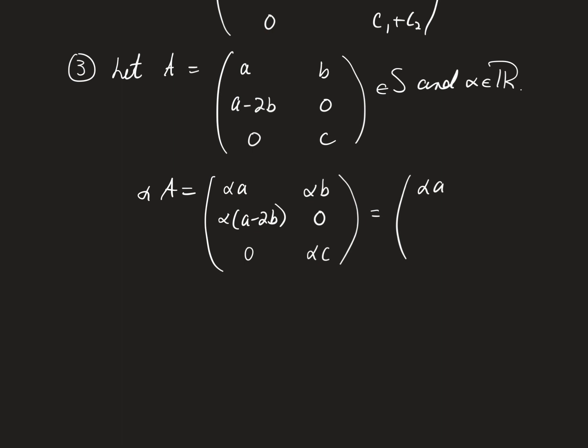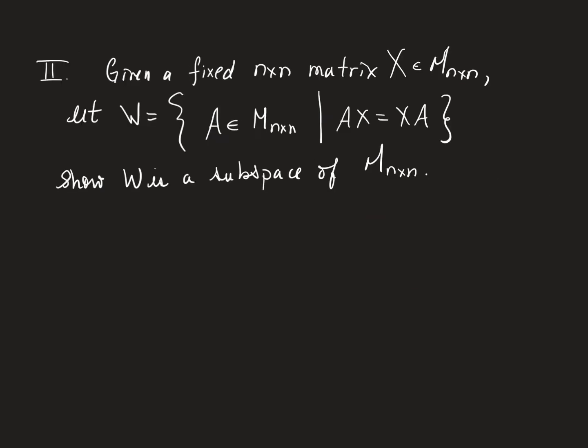So this is alpha A, alpha B, alpha A minus 2 alpha B, 0, 0, alpha C, and that's perfect because what I needed was for this entry to be alpha A minus 2 times that entry, and indeed that does belong to S, and we're done. We've shown the three properties hold, so indeed S is a subspace of that vector space.